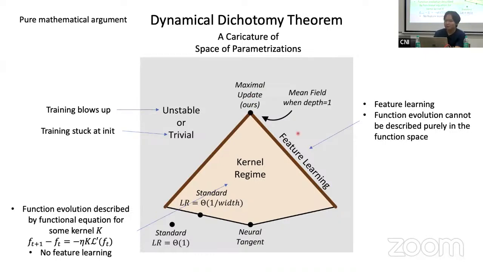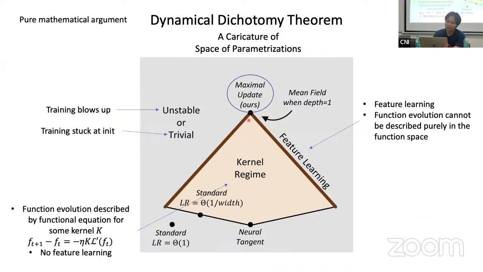And then finally, if you zoom in closely, you see this point called maximal update, which is of course muP. And this essentially does the maximum amount of feature learning, in the sense that in any layer you will see features evolving.